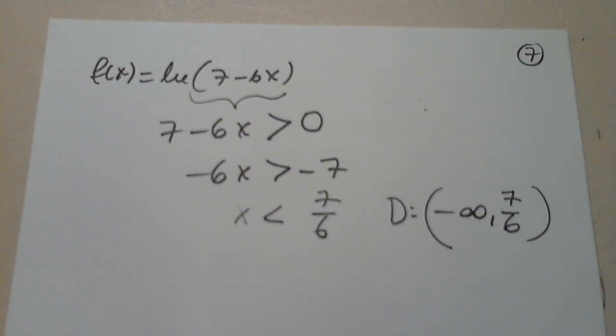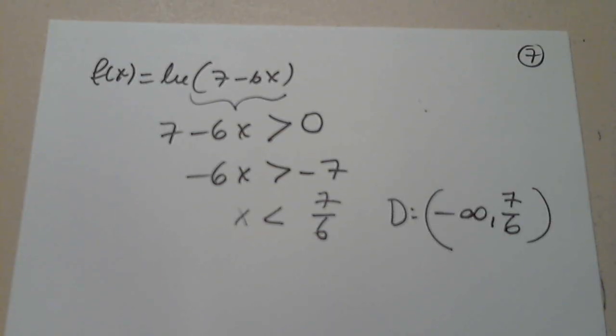So when I go back and look at the graphing calculator and plug it in, I clear everything else, very simple to plug in natural log of (7 minus 6x). You have to adjust the viewing window though, because the graph exists only between negative infinity and 1 and a little bit, 7/6, it's 1 and 1/6.